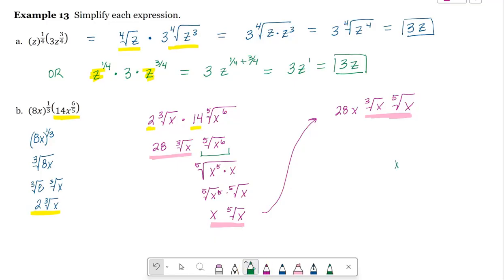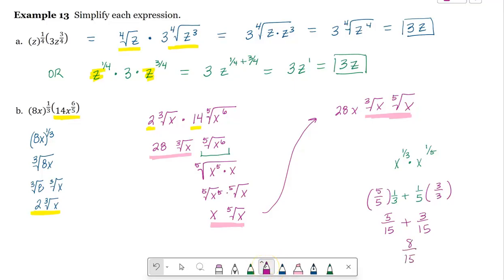The cube root of x is x to the 1/3 power. And the 5th root of x is x to the 1/5 power. If we use the idea we did in example A where we add the exponents, what's 1/3 plus 1/5? I need to make the denominators the same. So I've got 5 over 15 plus 3 over 15, which is 8 over 15.